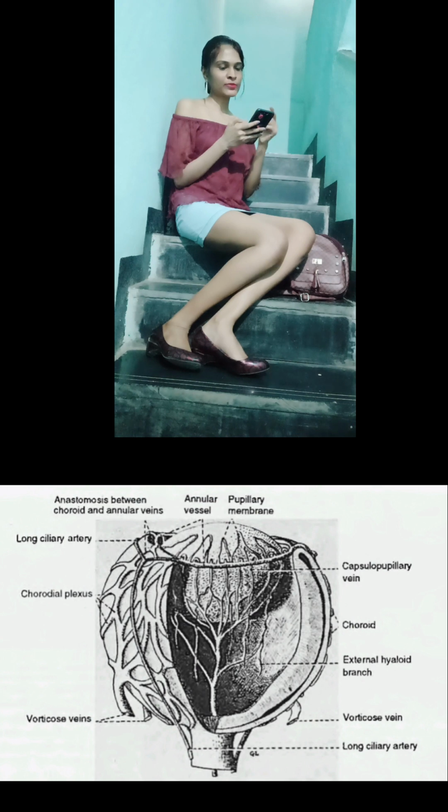Then there is a choroidal plexus. Then posteriorly there are varicose veins on nasal and temporal sides. Then there is capsulopupillary vein. The choroidal layer is shown. Then you can see external hyaloid branch and long ciliary artery posteriorly, almost where it originates.